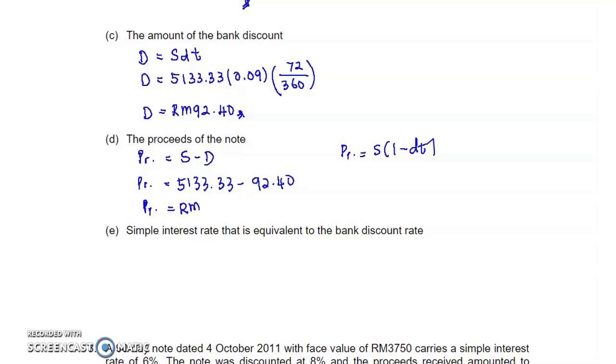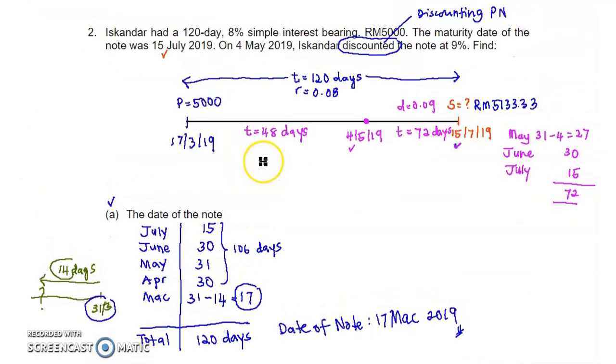So proceeds equal to 5133.33 minus 92 ringgit 40 cents. 5,040 ringgit and 93 cents. Yes, again, when you calculate proceeds, the value must be less than S and the value must be more than P, face value. So the amount that you will receive here on 4th May, proceeds equal to 5040.93.